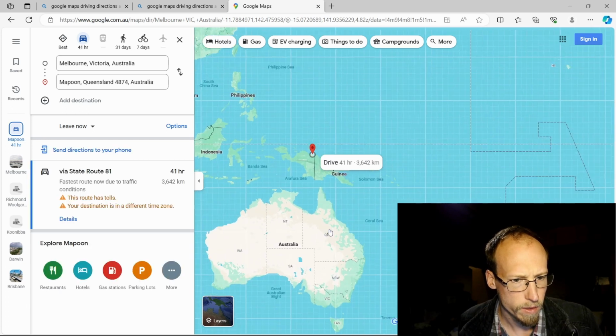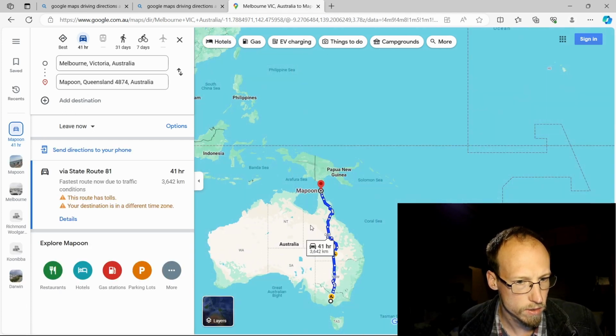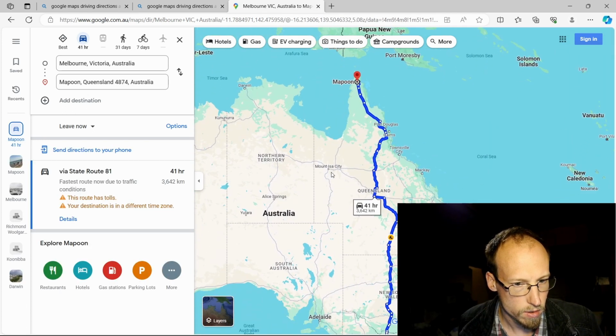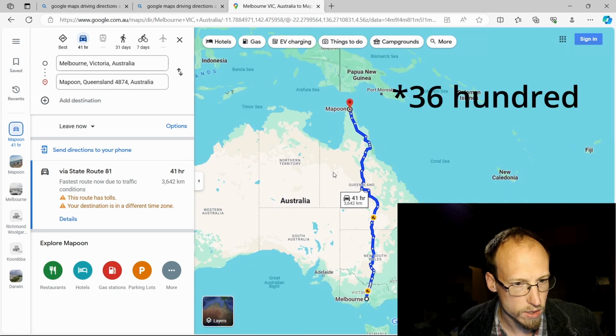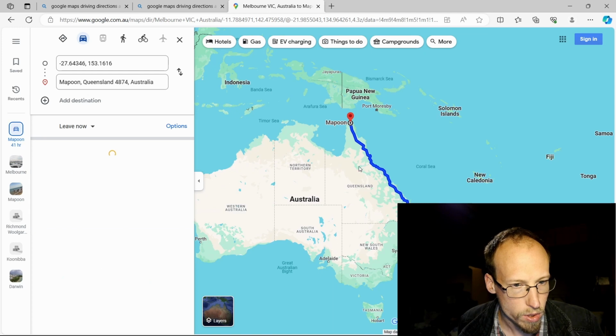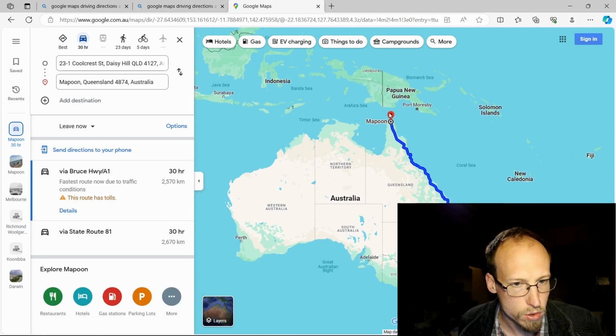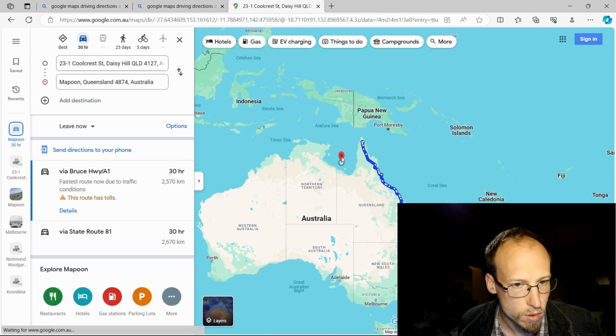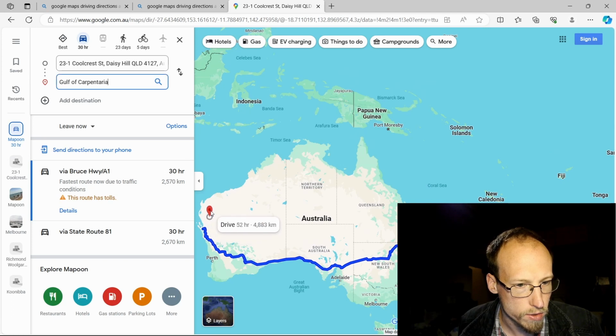Up here, this is 36,000 kilometers. We go from Brisbane to somewhere way over here, let's say. Is there any more straight route?